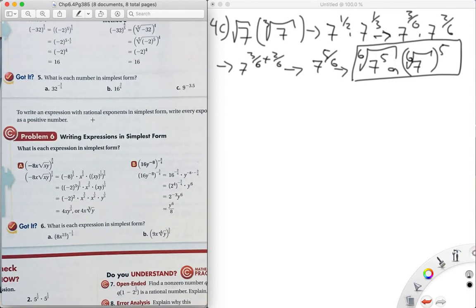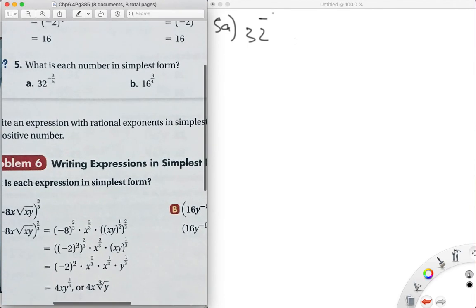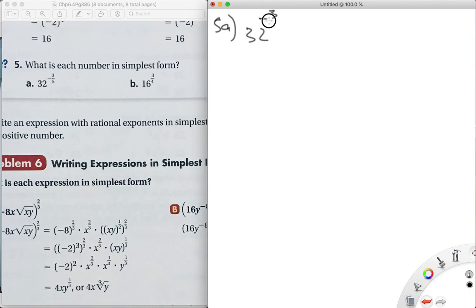Alright, so they want us to write each number in its simplest form. So if we look at 5, we have 32 to the negative 3/5. That's the same thing as saying 1 over 32 to the 3/5.